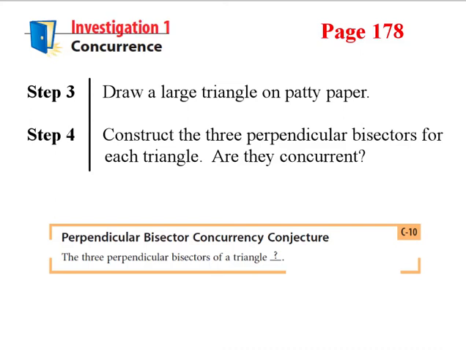It doesn't have to go to the vertex. No, this side.